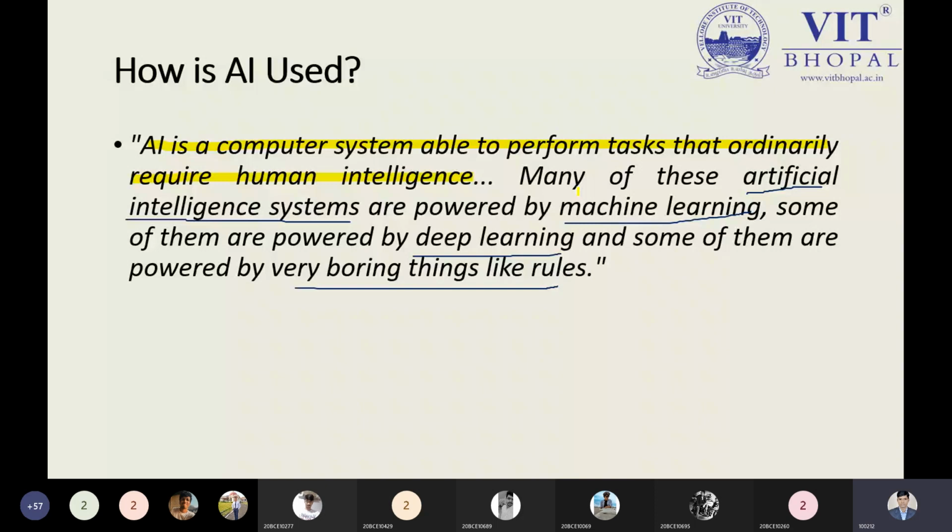Which kind of learning we follow depends on our applications. Computer vision is a good example, where you can use image-based and video-based data to identify images and things. So AI is used this way.